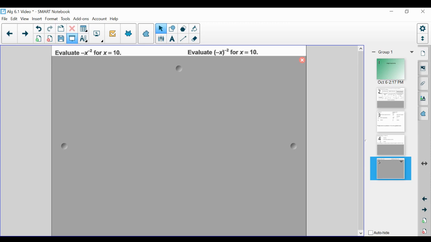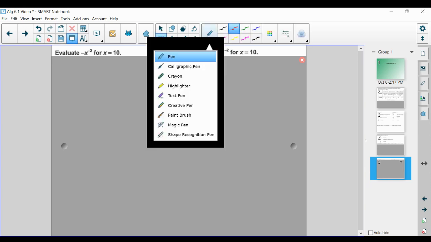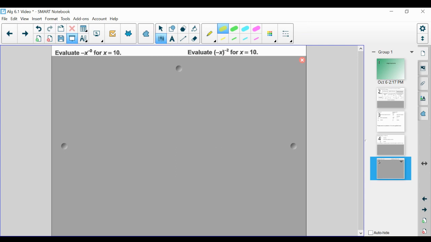Whereas on the left-hand side, we only had x getting raised to the negative 2nd. The exponent on the left was only attached to the variable. On the right-hand side, all of this is together.